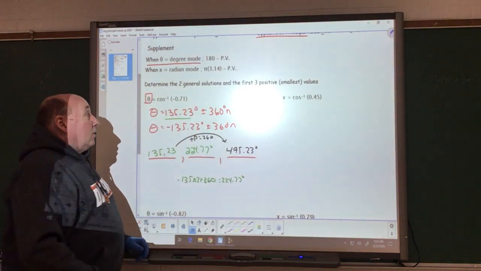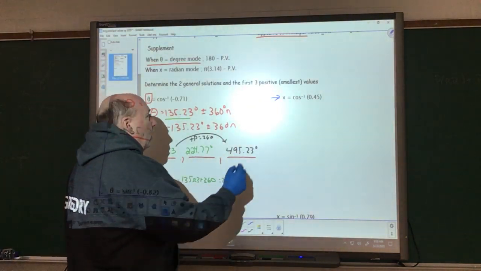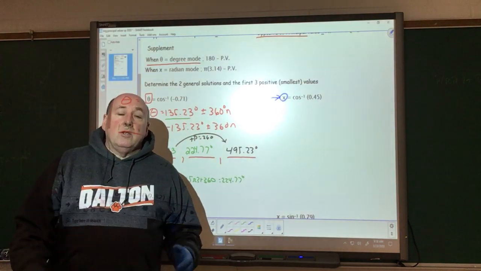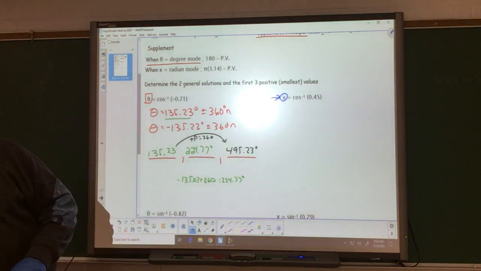All right, now let's go to the second one. Let's take a note where our variable is at. Our variable is in x. So if our variable is in x, we've got to switch it to radians. Don't forget to do that. So change your calculator to radian mode.